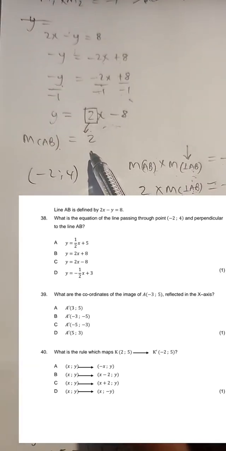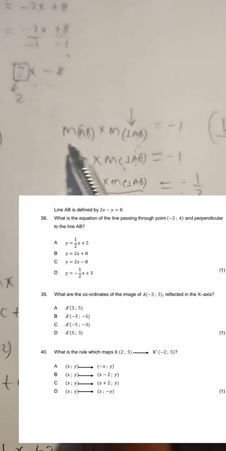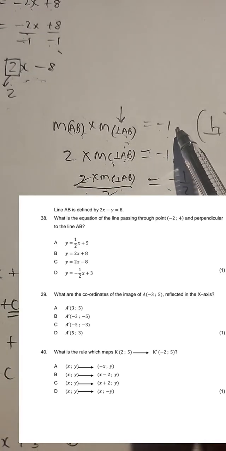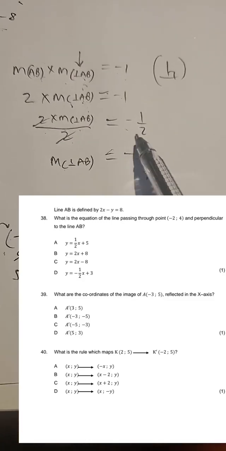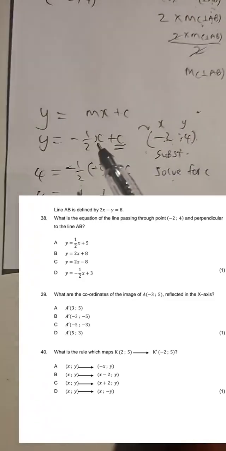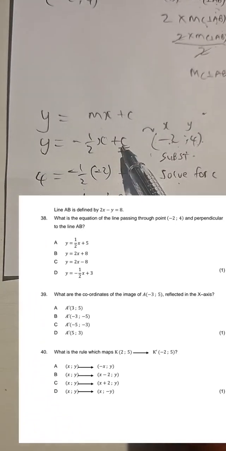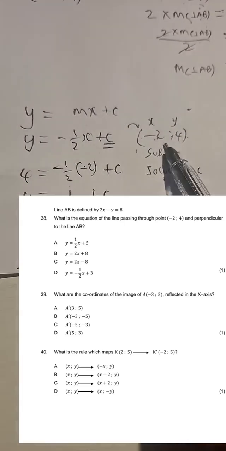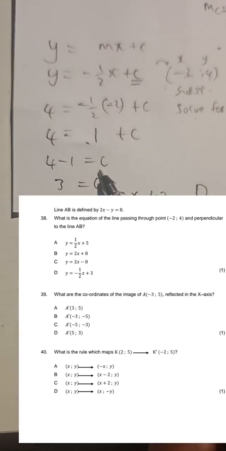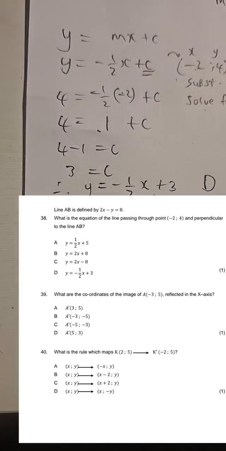Since the lines are perpendicular, the product of the two gradients should give you -1, which helps you find the gradient of the other line. Then you substitute that gradient into the standard form equation of the straight line, substitute the point so you can solve for c, and then write the equation of the straight line in standard form.